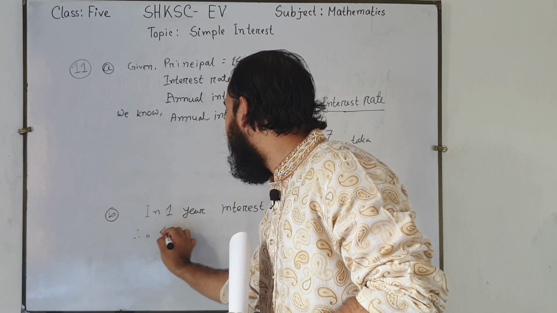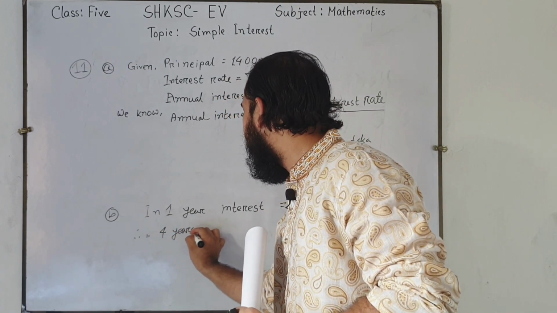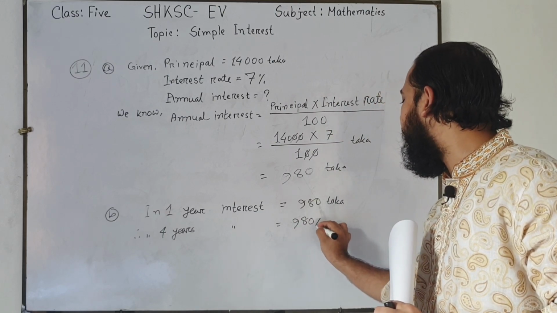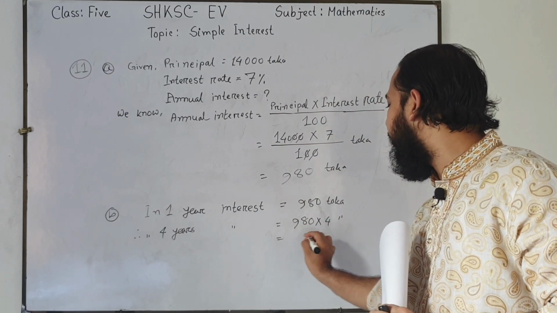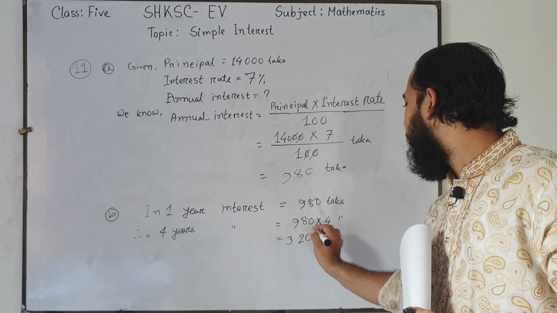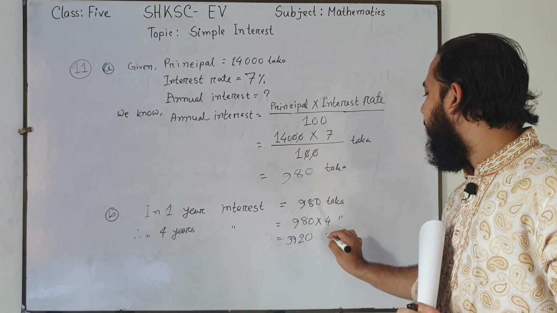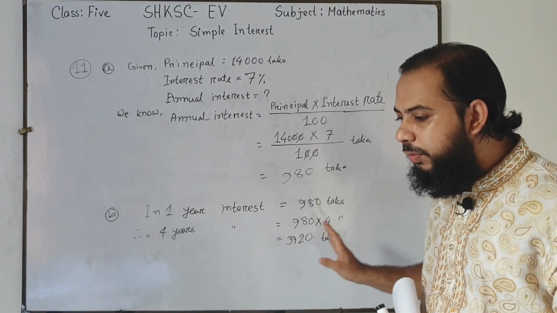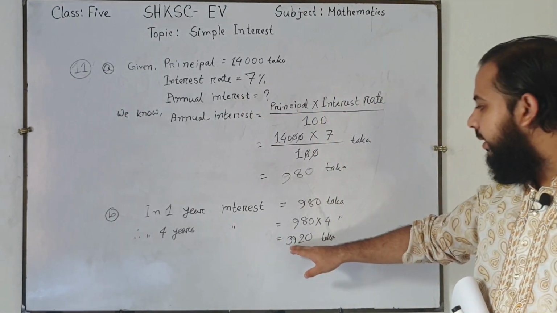Therefore, in 4 years the interest will be 980 times 4 taka. The answer will be, 4 8s are 32, 39. So this is the amount of interest after 4 years. This is the amount of interest, not the total money.